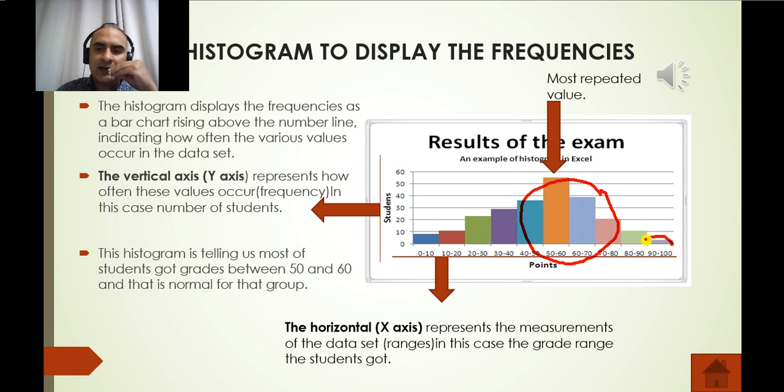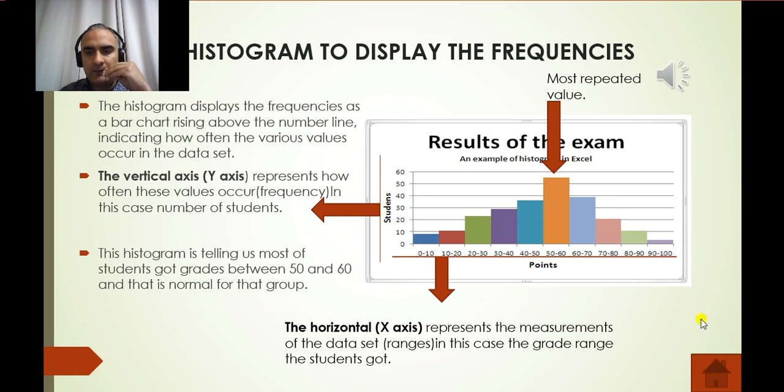There are very few students achieving the highest scores, and also very few students reaching the lowest scores. So again, remember, when we do histograms, we see numbers on the x-axis and numbers on the y-axis, and we see how often a number repeats.